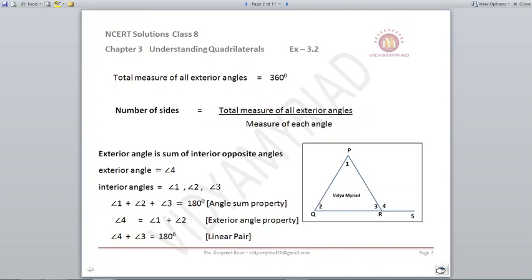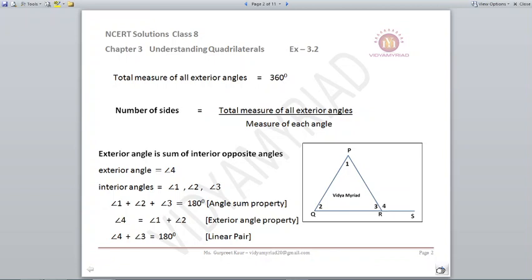There is a rule over here: the exterior angle will always be equal to the sum of the interior opposite angles. In this case, your exterior angle is 4. Your angle 4 will be equal to angle 1 plus angle 2, which are the opposite angles of angle 4.